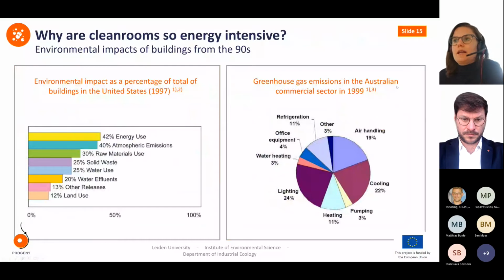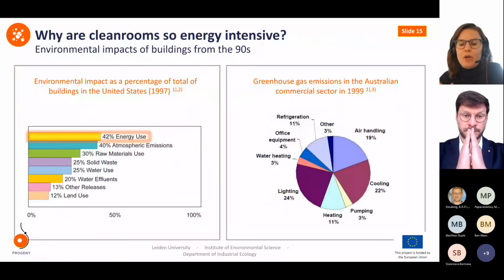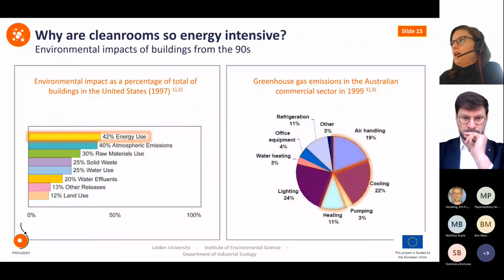So why is a clean room, or this defined clean space, so energy intensive? Already in the 90s, researchers found that, just for general buildings, so not clean rooms per se, energy is a big contributor to the sustainability of buildings. And the greenhouse gas emissions come mainly from the air handling unit, or also from heating or cooling this environment.